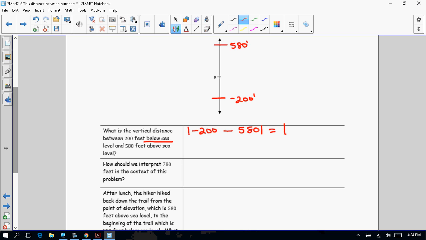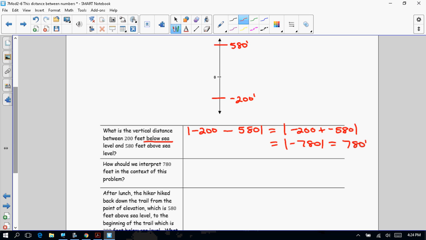So the absolute value of negative 200 plus negative 580. All right, well, since I'm adding and they're both the same sign, that makes life easy because I literally can just add them. And the absolute value of negative 780. The absolute value of negative 780 is 780 feet, right? So he has traveled 780 feet in elevation.